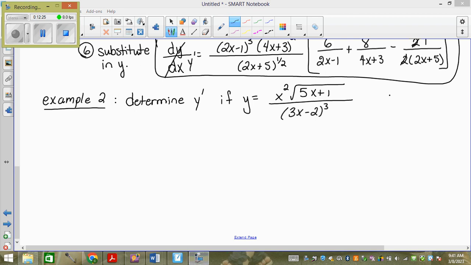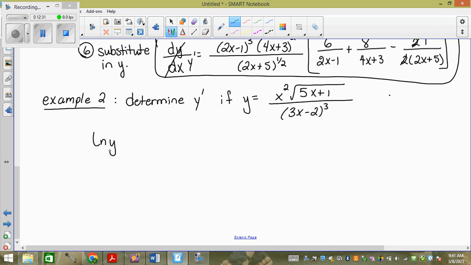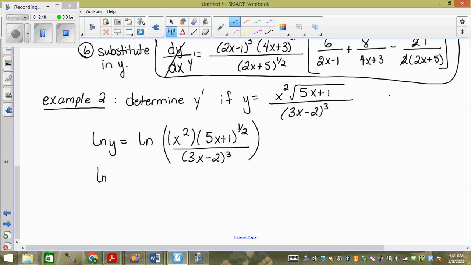So we would have ln of y equals ln of that. Change that to a half. Then we expand it using our product and quotient rule from grade 12.